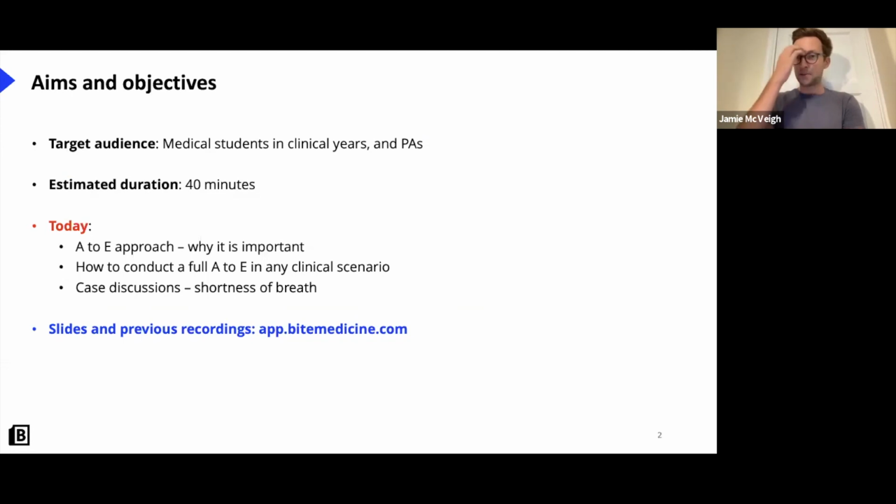So I'll start by talking about why this is so important in a clinical setting. I'll then talk you through the A to E, or how I do it. There's different ways people prioritize different things, but I'll talk you through my methods, but they're all very similar. And then, as I said, we'll talk through some cases focusing on shortness of breath as a symptom.